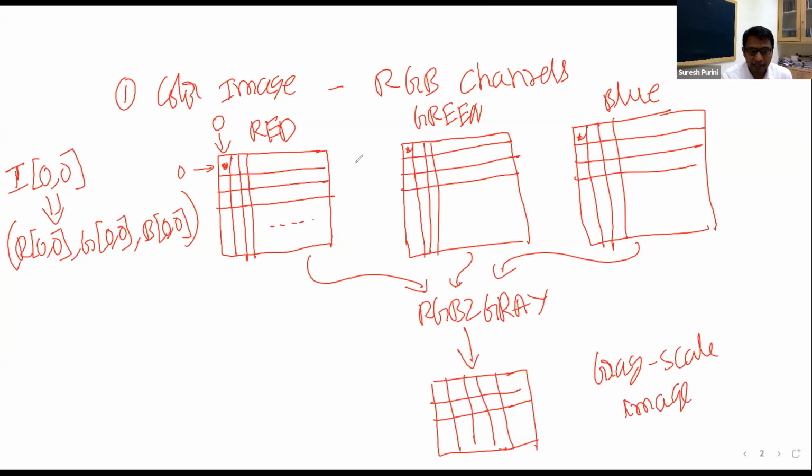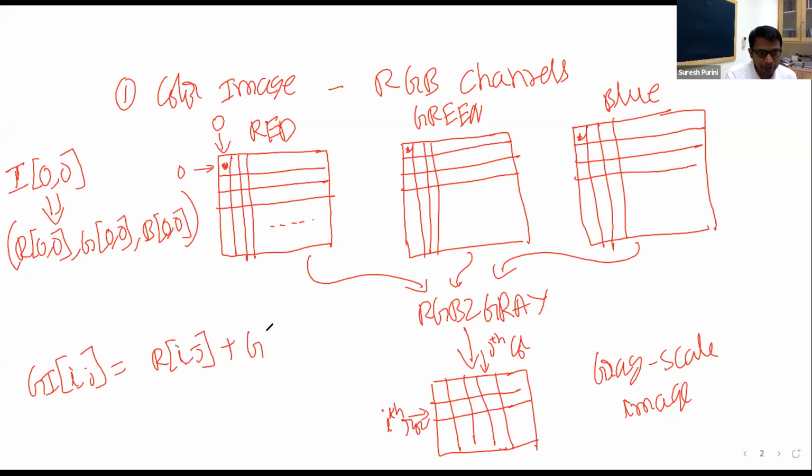And how do we combine these three things? For example, let's say this is the ith row and this is the jth column. So in the grayscale image, let's call it GI, the i comma jth pixel in the grayscale image is given by, there are different ways of combining them, R of i comma j plus G of i comma j plus B of i comma j.